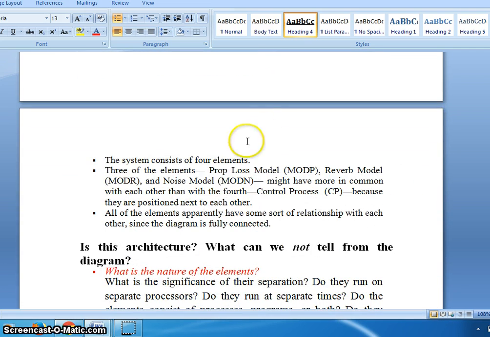This system consists of mainly 4 elements. Three of them, the prop loss model, reverb model, and noise model, might have more in common with each other than with the fourth, the control process, because they are positioned next to each other. All of the elements apparently have some sort of relationship with each other, since the diagram is fully connected.